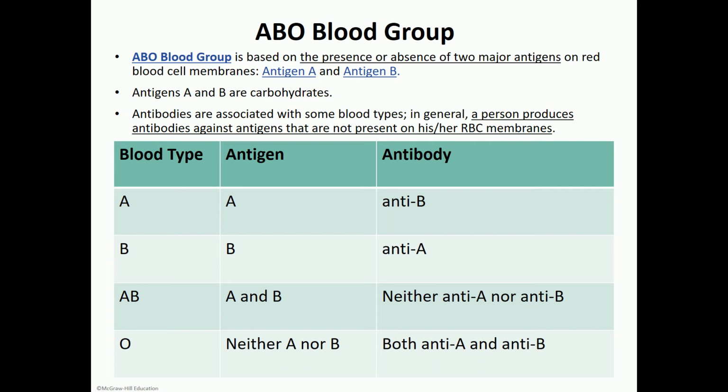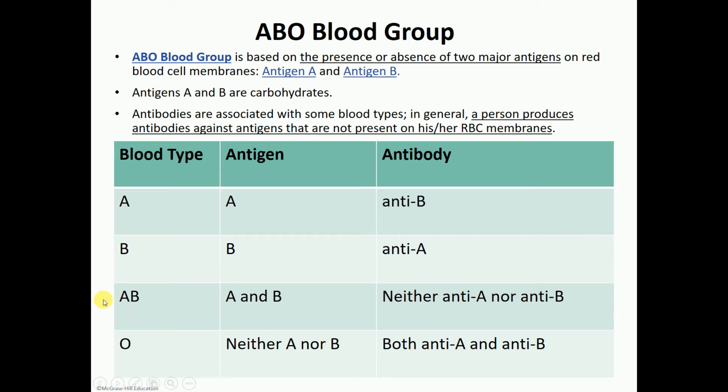The blood groups are named according to the antigen, not the antibody. So on the surface of the red blood cell, if there is an antigen A, that blood type is blood type A. In their serum, they would have anti-B antibodies. In blood type B, they would have B antigens and anti-A antibodies in the serum.